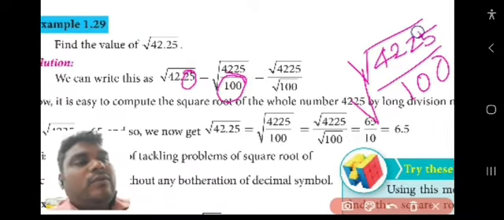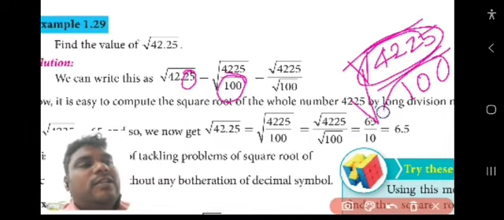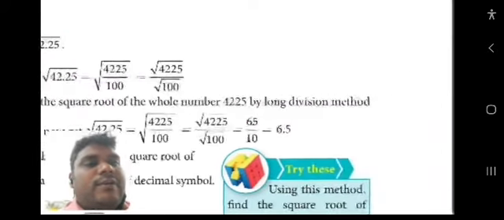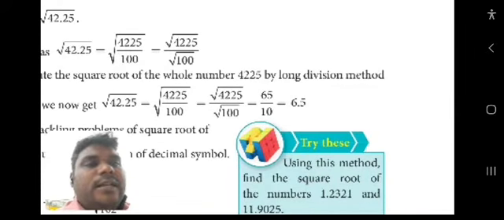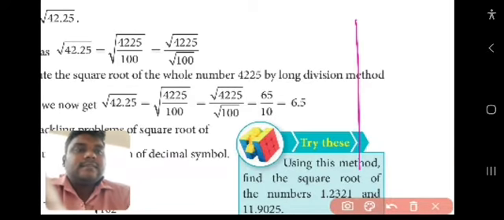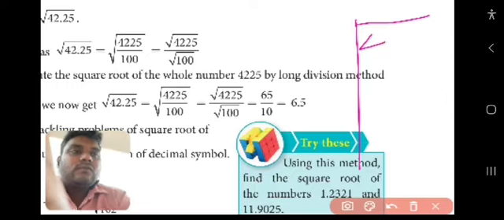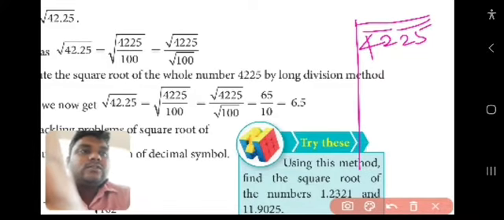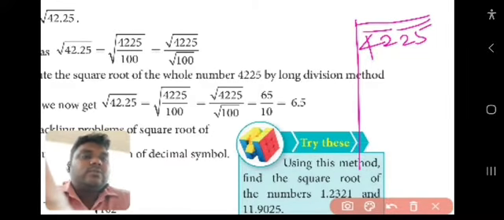Now we find the square root of 4225, and we know that the square root of 100 is 10. So first we find the square root of 4225. Here they have not shown how to find the square root of 4225, so listen. 4225: 2 periods, so there is a 2 bar, the answer also has 2 digits.